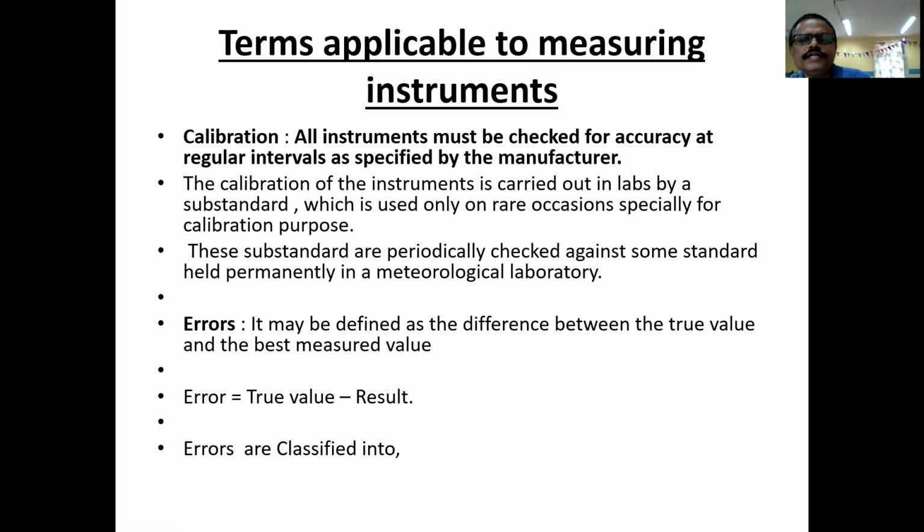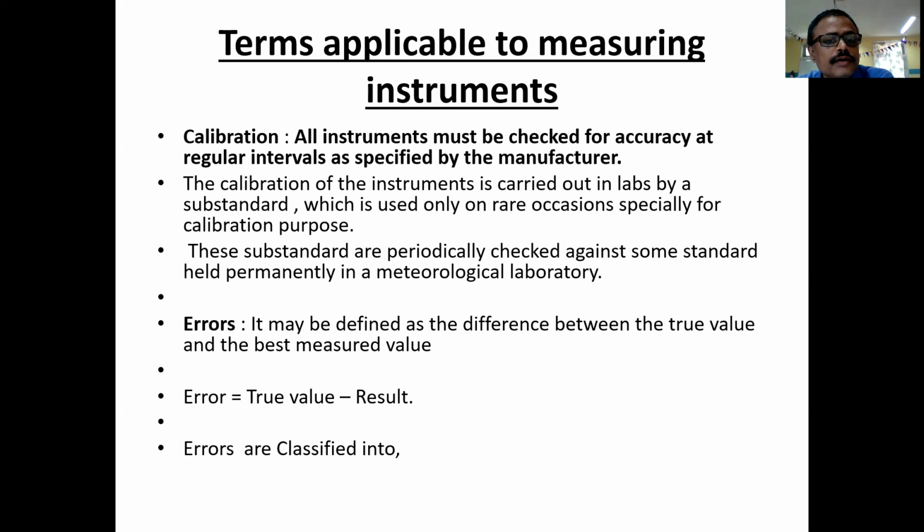The calibration of the instrument is carried out in the laboratories by some substandards, which are used only on rare occasions, especially for calibration purposes. These substandards are periodically checked against some standards which are held permanently in a metrological laboratory. So calibration is basically checking the instrument for its accuracy with some known standards.